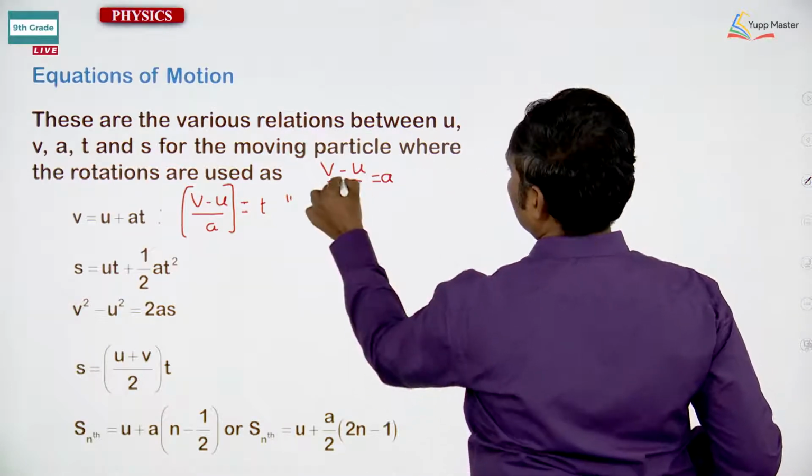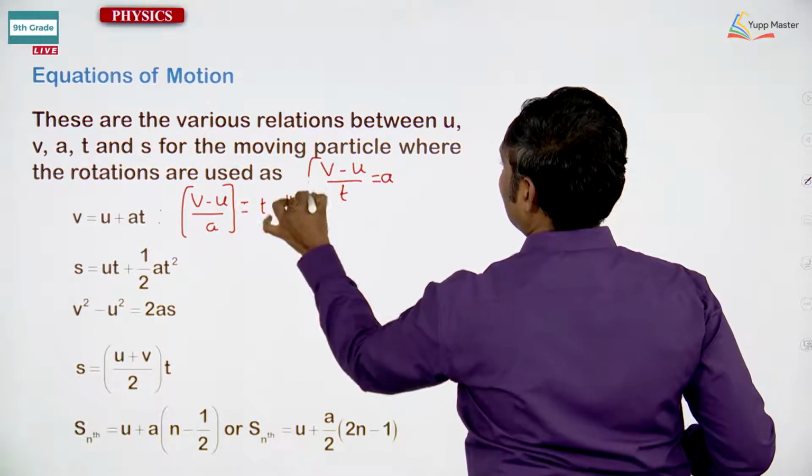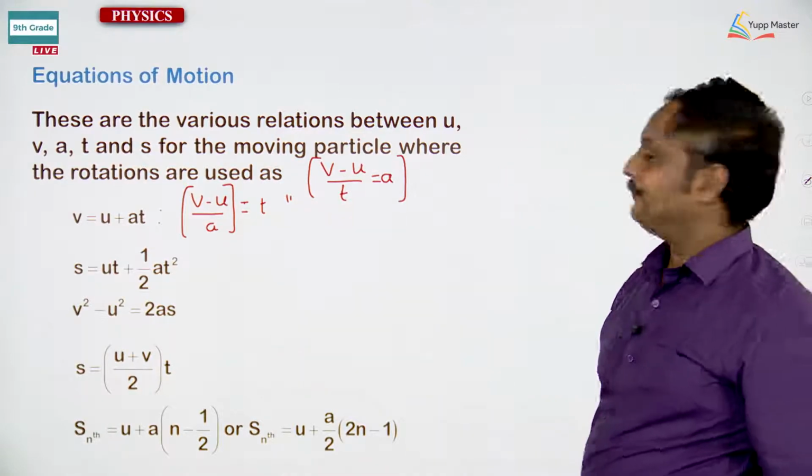V minus u by t is equal to acceleration, very clear.